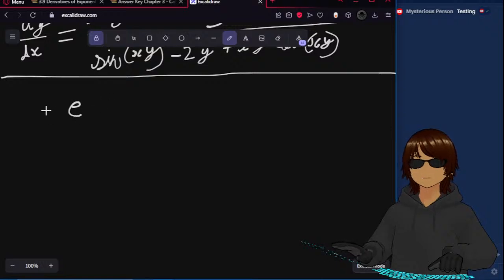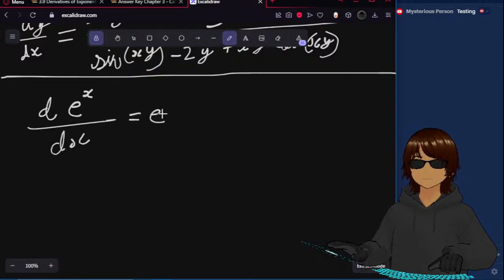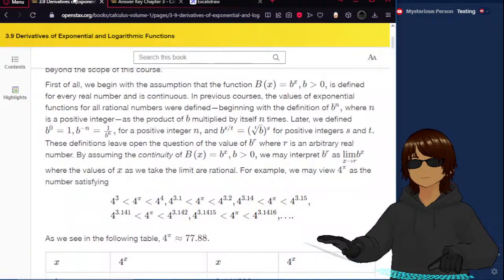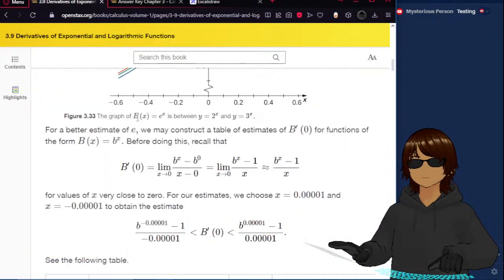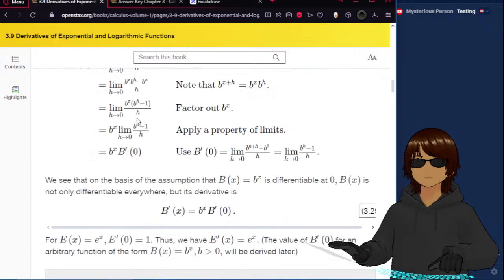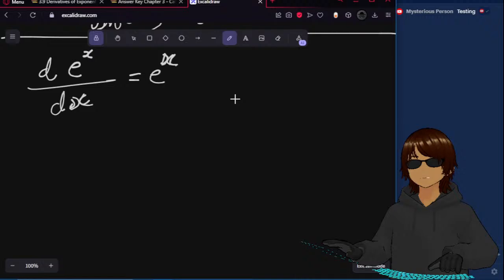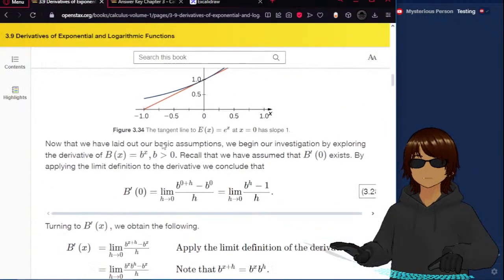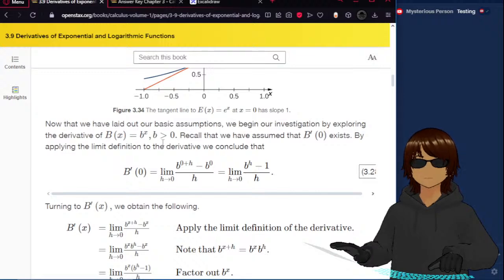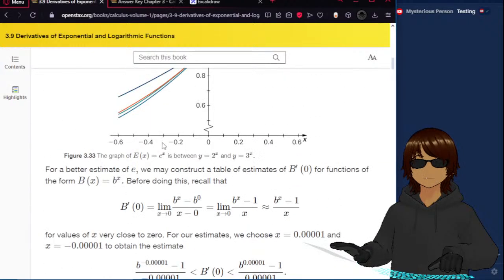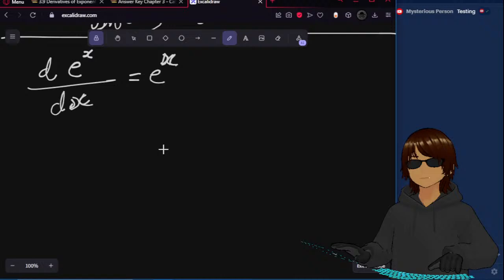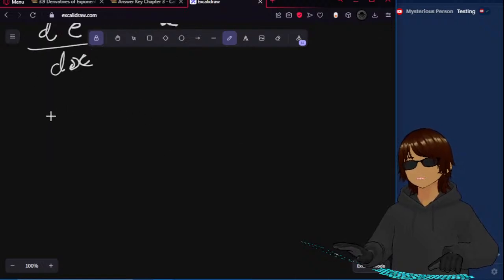E is such a number such that derivative is the same. Hold on. I don't understand why it's so laggy.